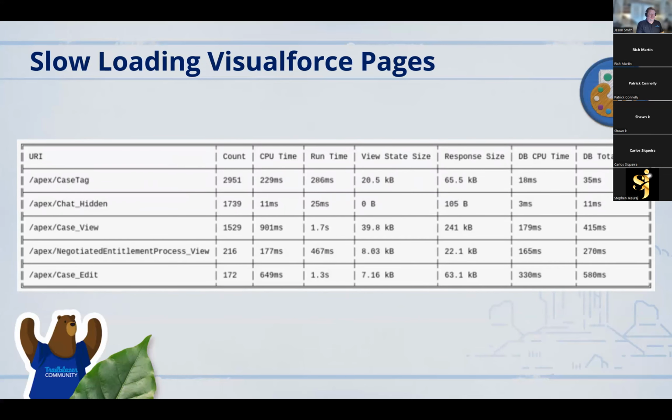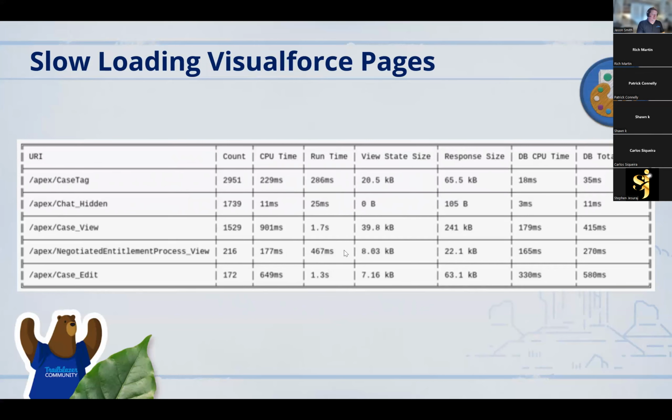Again, we're looking at Visualforce pages. We can see this Visualforce page, the case view page, was taking 1.7 seconds to load. We've got this case tag one, which was taking a quarter of a second to load.